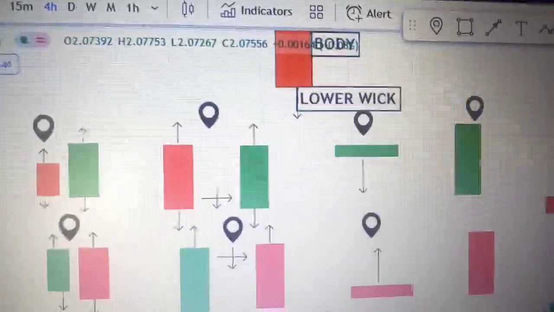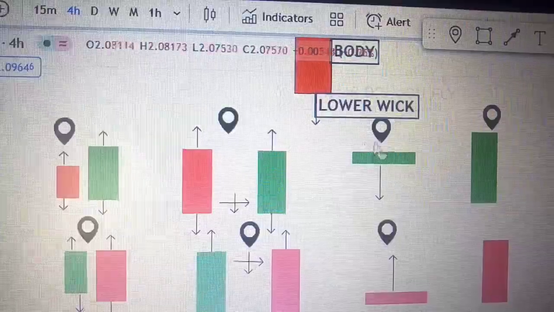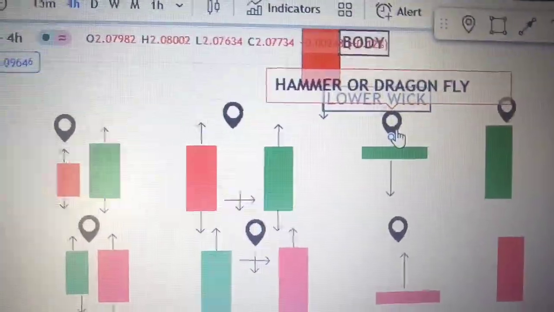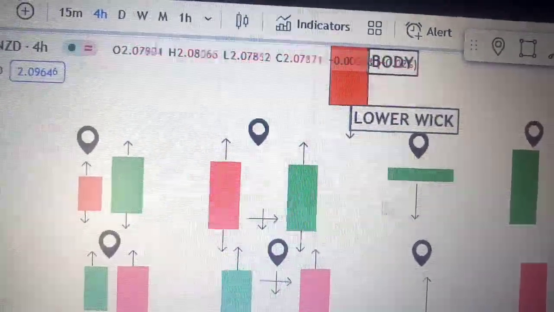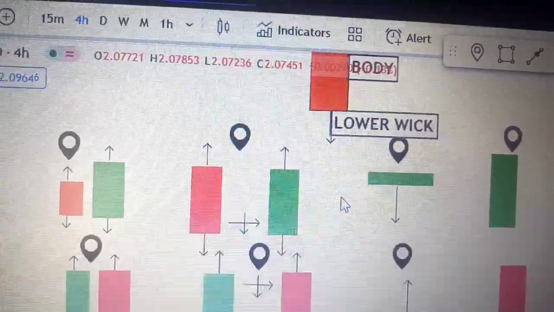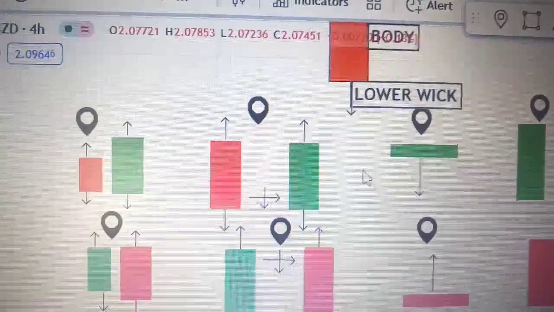From there, we have this one. Here we are moving. We have this one. And this type of candlestick is called a hammer or dragonfly. It has so many names. Some people call it dragon, I don't remember that name, but it has so many names because you will see it so many times.